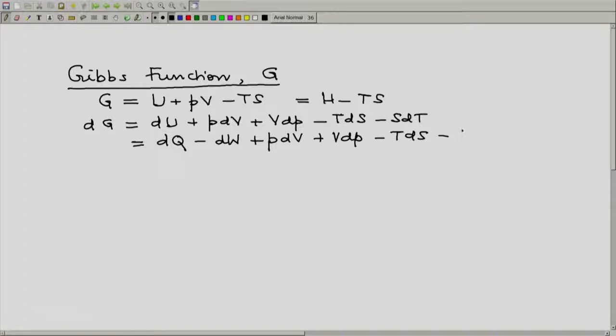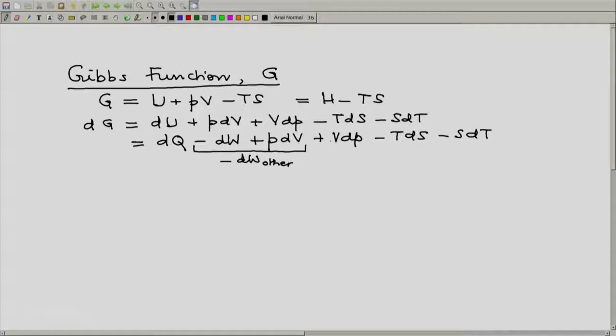Now you will notice that here we have a combination dW minus PdV, that will be dW other. So these two terms, minus dW plus PdV, will become minus dW other.